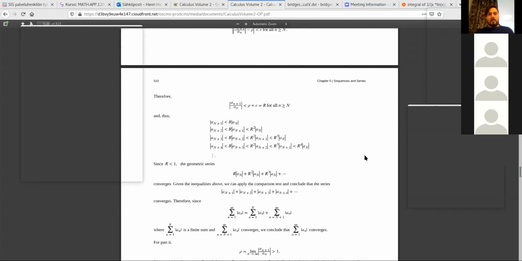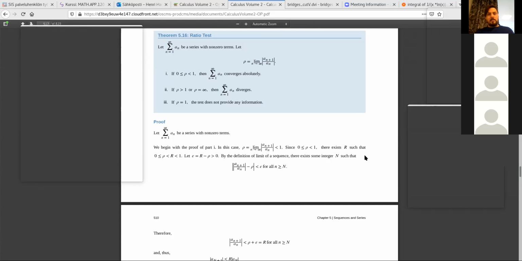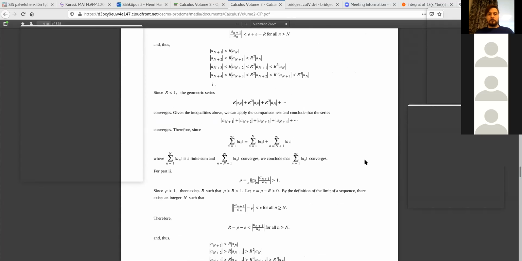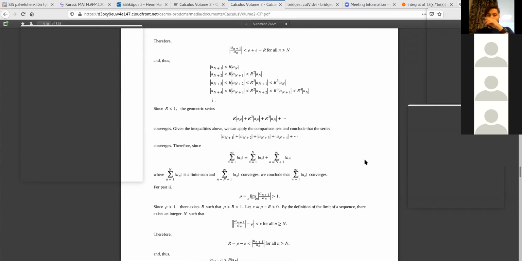And what is more, by the way, you get absolute convergence if this is smaller than 1. It's not even conditional convergence. If it's a conditionally convergent but not absolutely convergent series, then this ratio test will give you an inconclusive result.